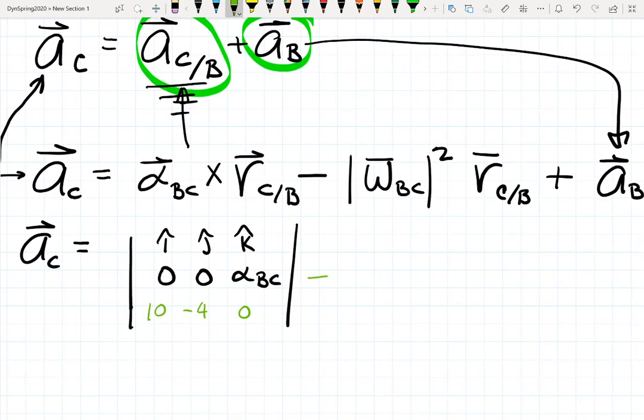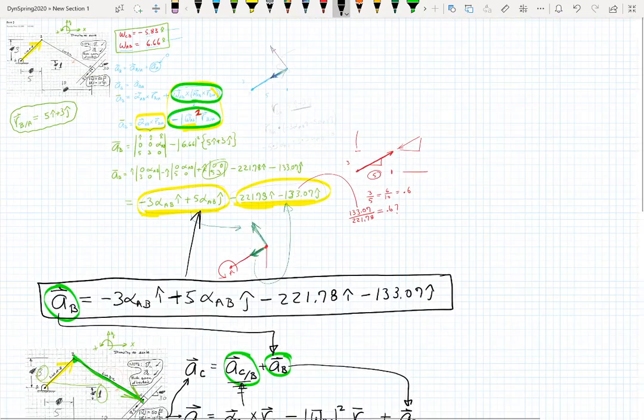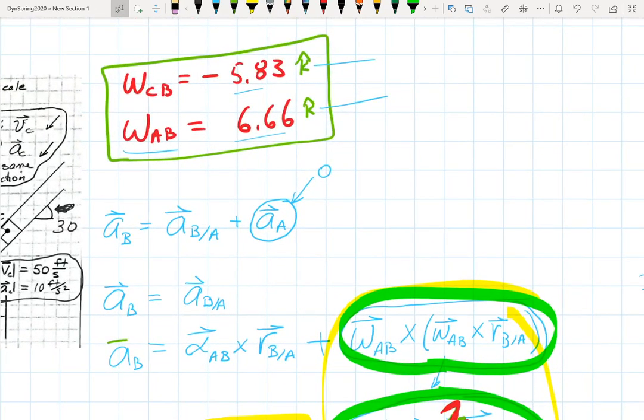Now, here I'm going to go back to my black ink pen. No, I'll go to this one. All right, hang on. What is omega BC? Well, I copied it in the very top of this. Omega BC, CB and BC, same thing, 5.832.